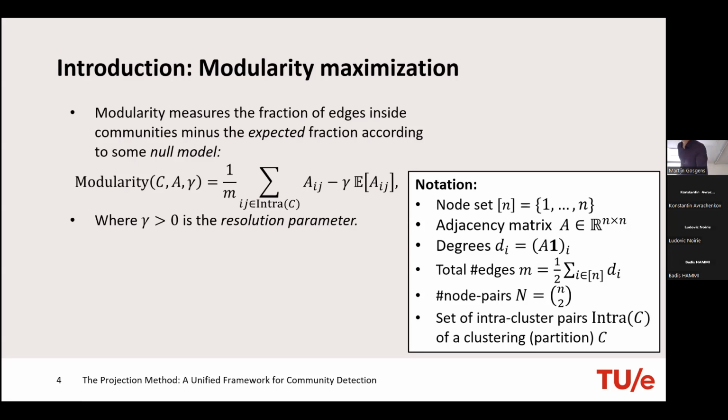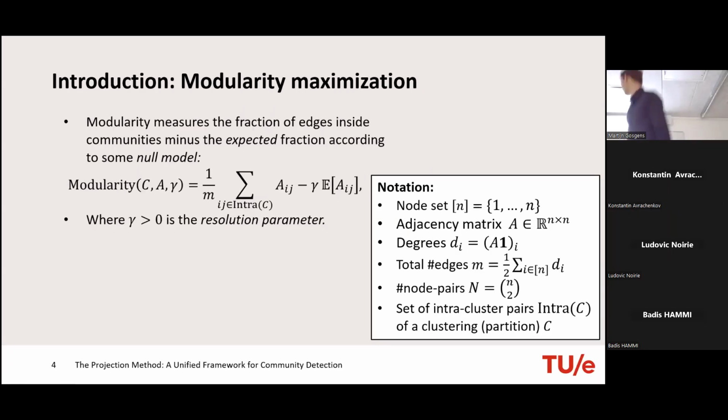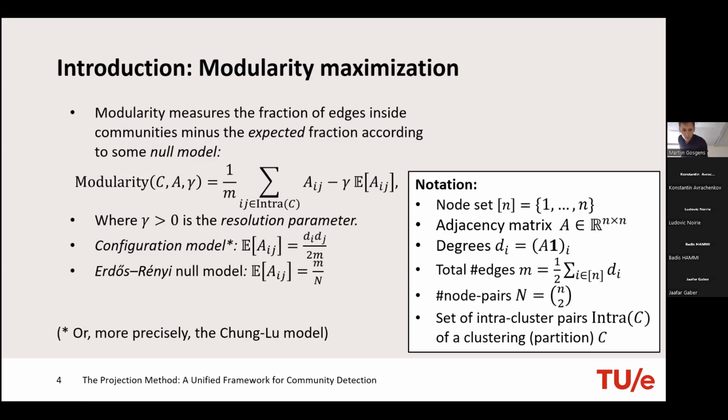And there are different null models that determine this expectation over here. The one that's most widely used is the configuration model, or more precisely the Chung-Lu model. Here you correct for the degrees of the vertices.